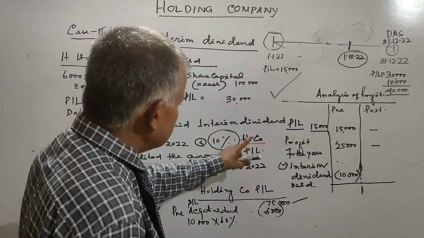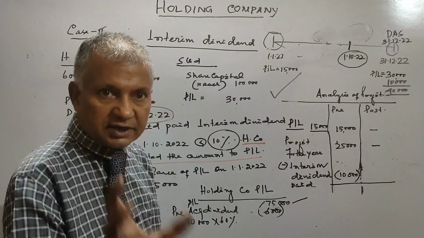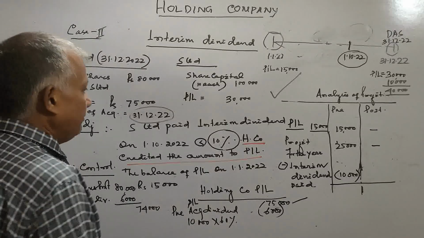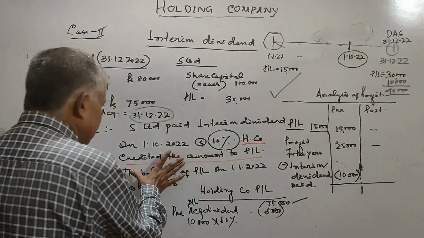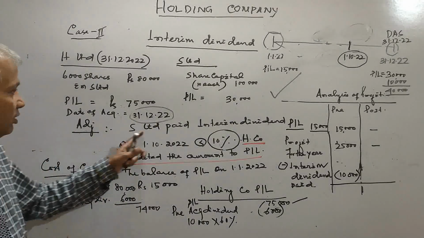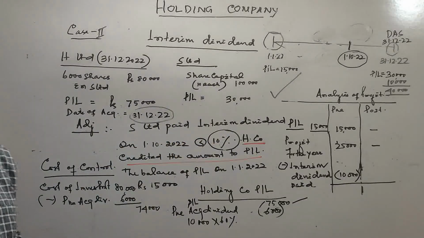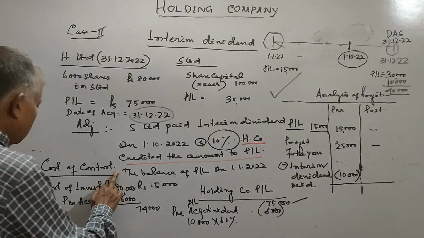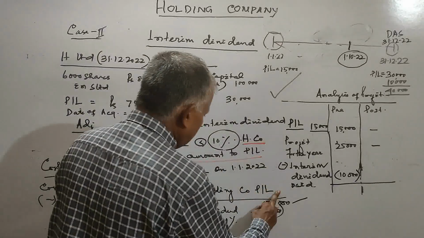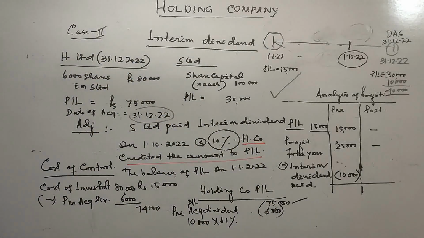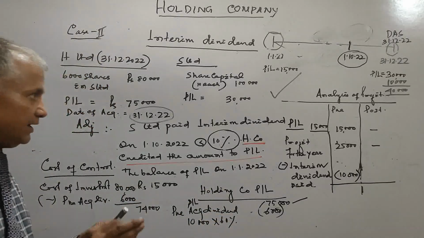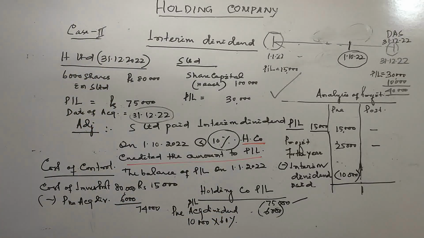If this line is given, you make the required change in both. If only interim dividend paid is given, please remember, don't make any change in cost of control and holding company PL, because there is no mistake. We assume that the company accountant has made the entry correctly, right?